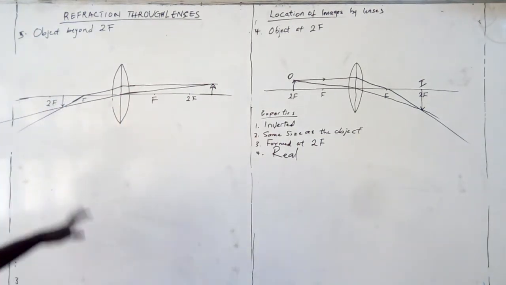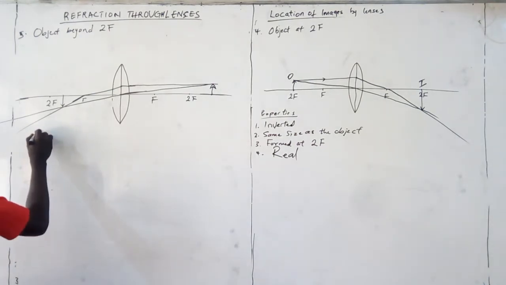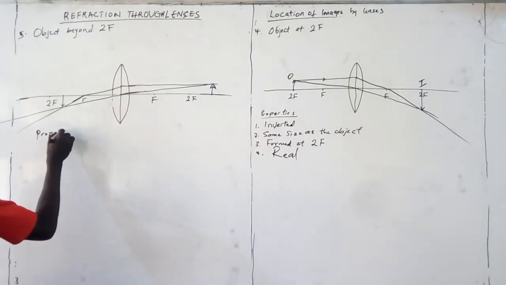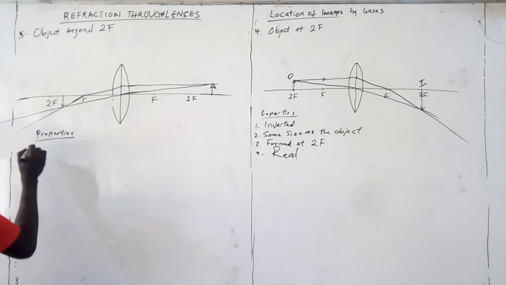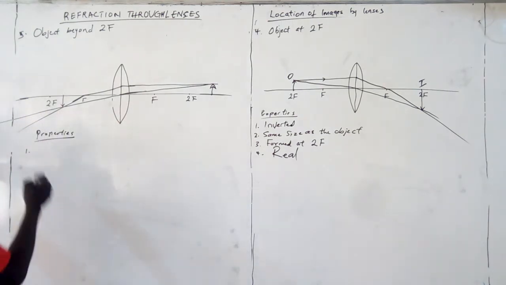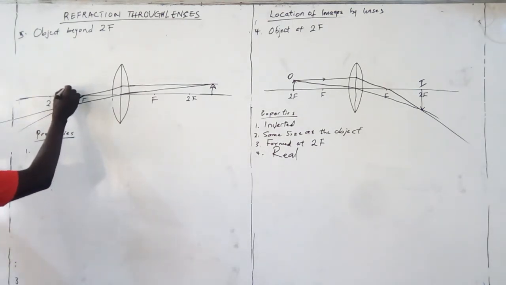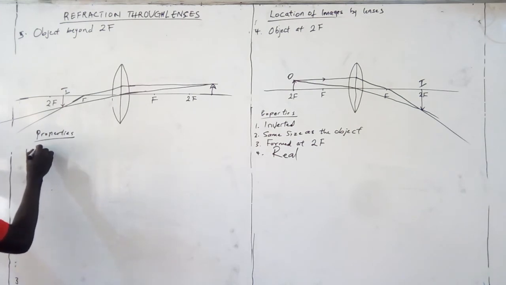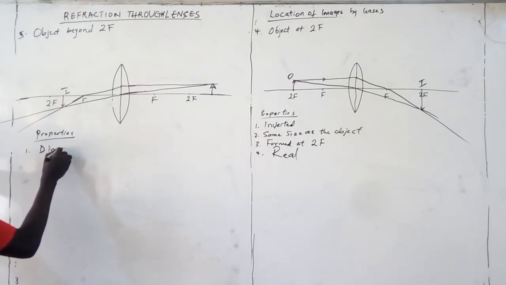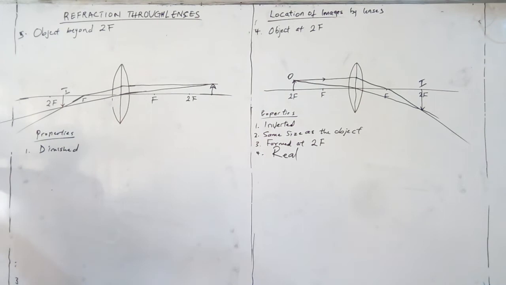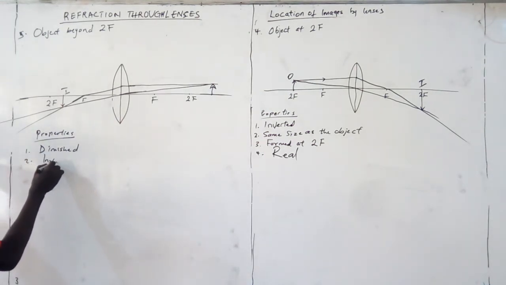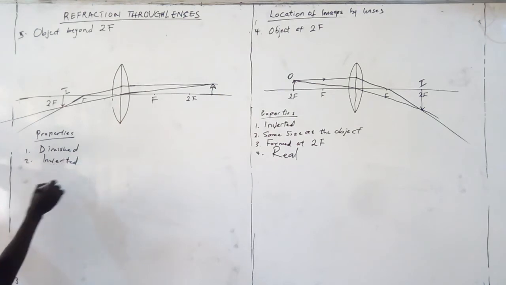One, the first property is that the image formed will be smaller than the object, so we say the image will be diminished. Then two, it is inverted.